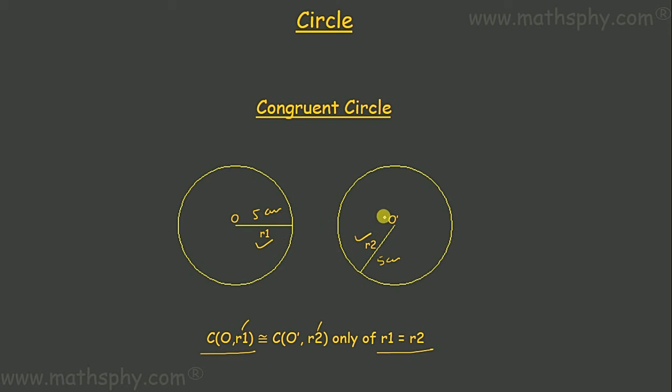So what it says is, if suppose we have hundreds of circles and all of them have a radius of 5 centimeter, or all of them have equal radius, in that case all the circles will be congruent or equal. They will be equal circles. There won't be any difference in those circles. The only condition we have to see is whether the radius of both circles is the same. If that is the same, then the circles would be congruent.